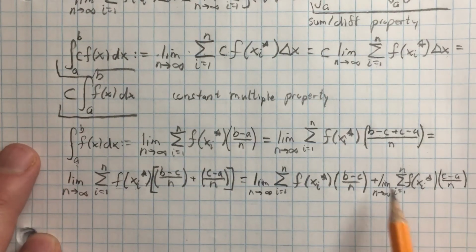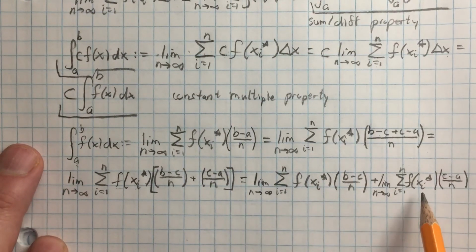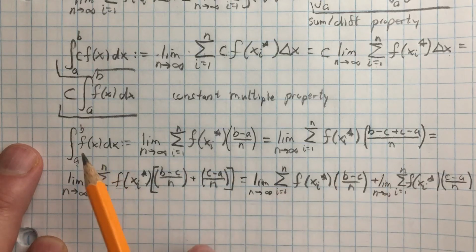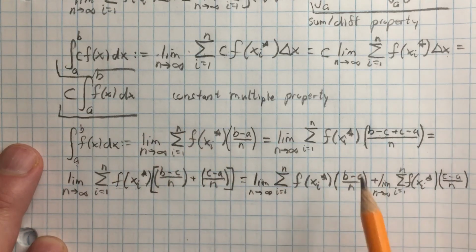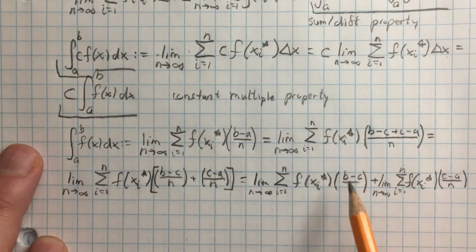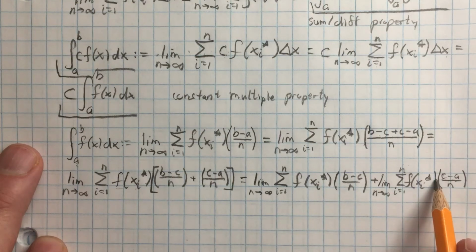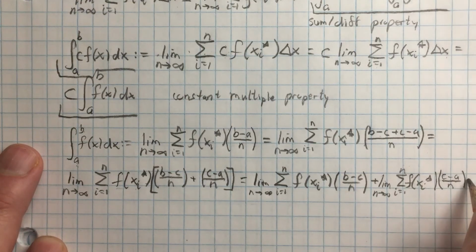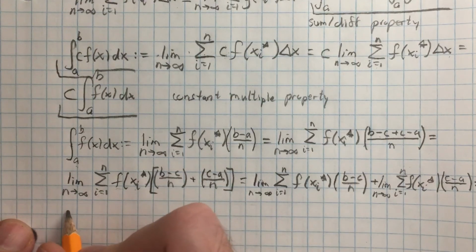So we now have two different integrals here, and they have different intervals of integration now. We start out with just a to b. Now we've got one that's going from c to b, and we get one going from a to c. But they're still just standard definitions of integrals. So we can replace these with the integral symbol.